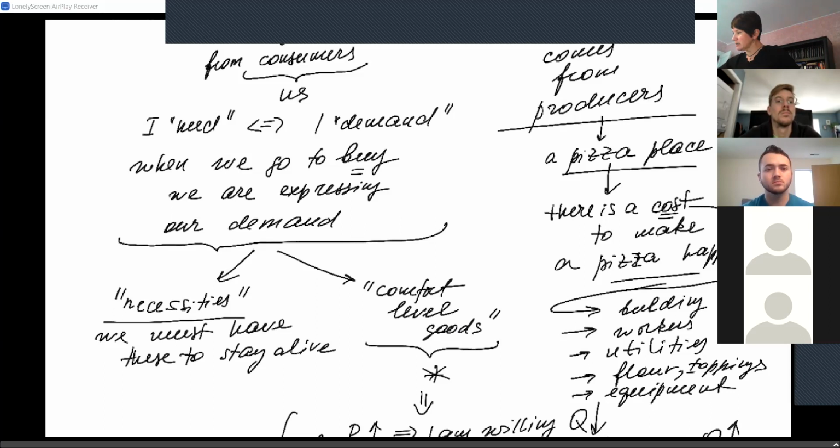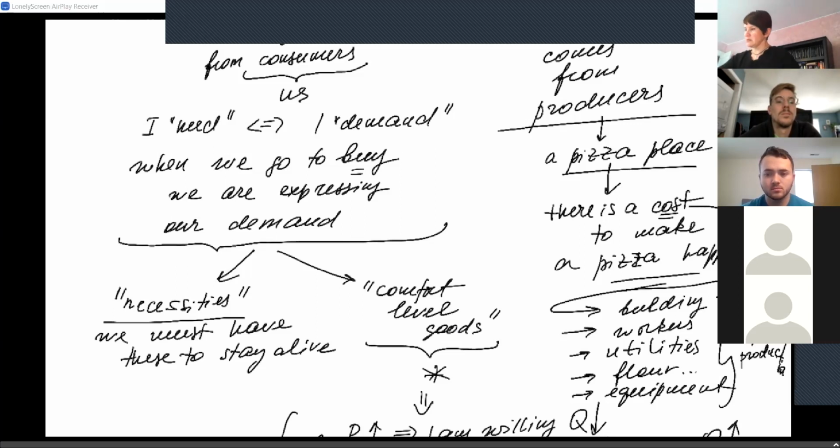Okay, let's see. Cost of production. Okay, toppings. You have it, utilities, flour, etc. Cost of production.